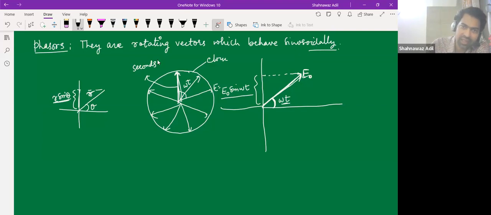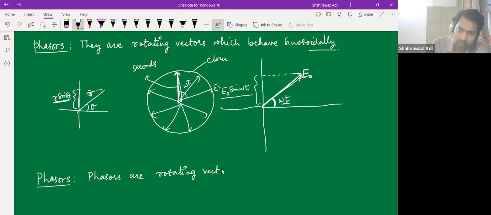Let me again write the definition of phasor. So phasors are rotating vectors which behave sinusoidally.